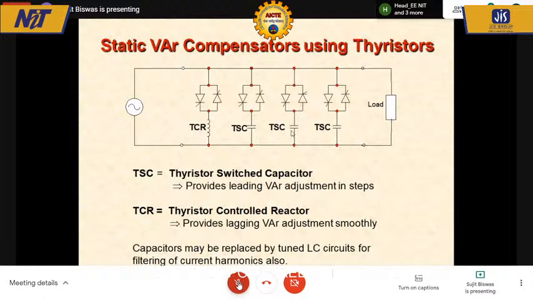So I will be subtracting the VAR created by the capacitive connection by the inductive compensation here, such that effective compensation comes down to about 1.5 microfarad. So I make a smooth operation through this TCR, or thyristor controlled reactor, which uses phase control thyristors.